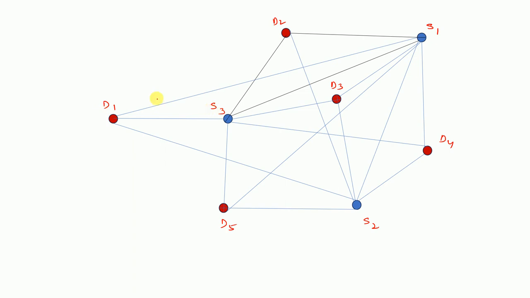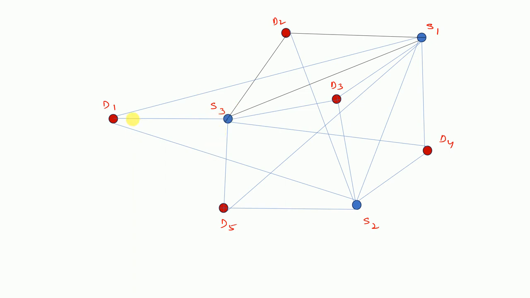Now it may be possible that demand is different from the supply of S3, and so these demands depend on the capacity of the sources and destinations. So supply may be different, and demand may be different at each source and destination. And you know the supply of each unit.